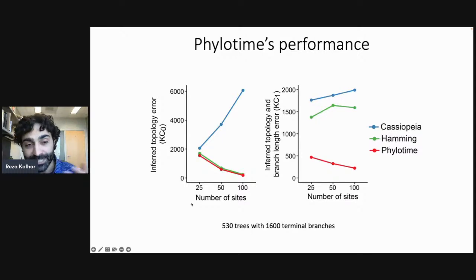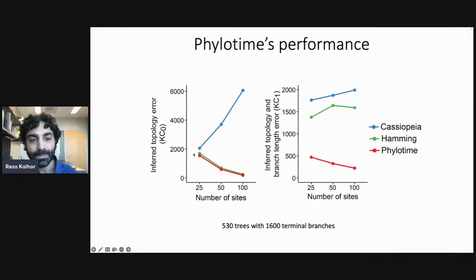But we couldn't really compare Phylotime to too many things, because here we have 530 trees, each with 1,600 terminal branches. These are from the 53 fate maps with 16 terminal cell types, and there are not many algorithms that can actually handle this. Phylotime can, the Hamming distance can, and Cassiopeia can. So that is the comparison that is taking place.